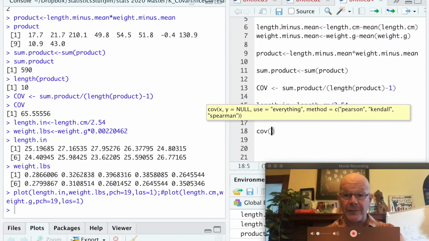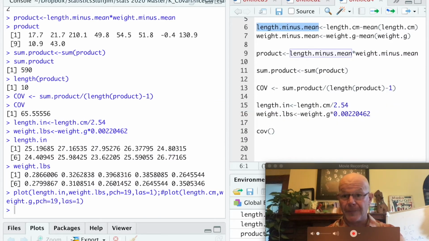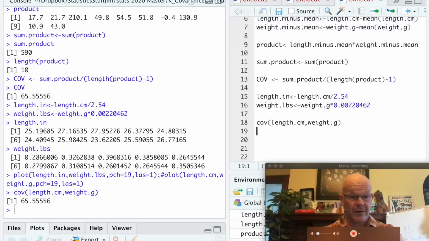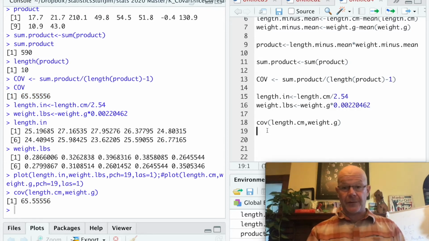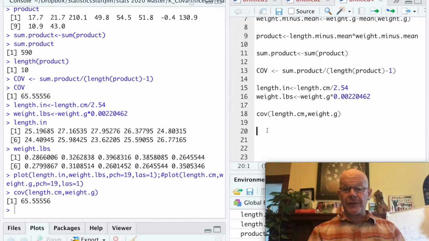So we can even start. Let's go back to our length in centimeters and our weight in grams. And do that, and oh, look at that. That's the exact same number we got when we did it by hand. And by hand, of course, I mean we had the computer do it for us. And so let's do the same thing now.